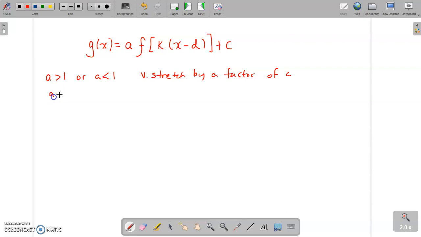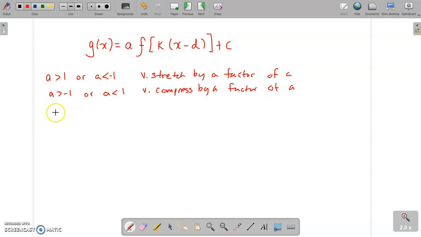If your a is greater than -1 or your a is less than 1, then we have what's called a vertical compression by a factor of a.